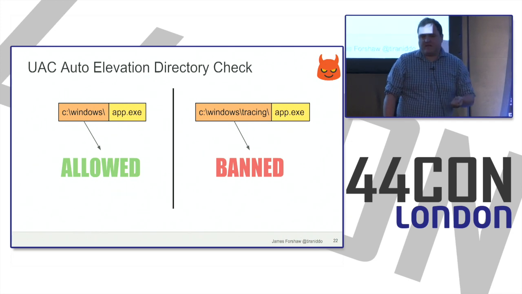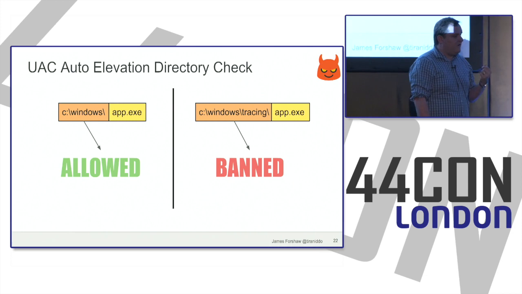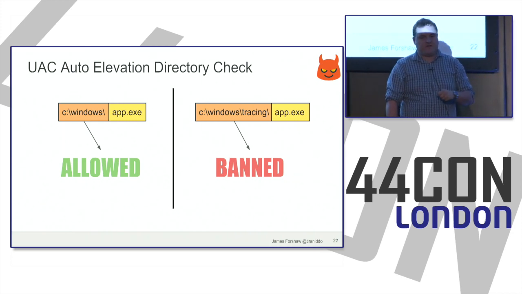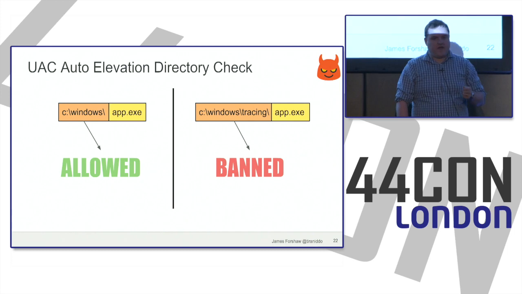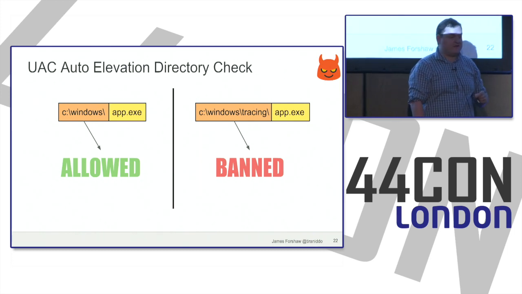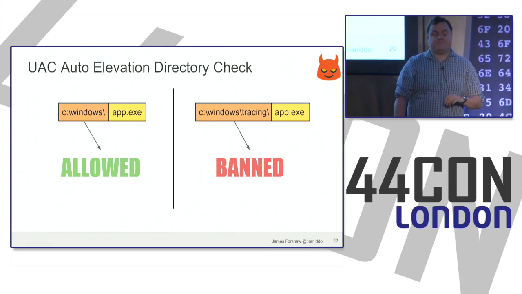But that's based on signing, based on a manifest condition. So obviously the developers wanted to make sure that you couldn't just run an arbitrary UI access application from anywhere, just sign it and it works. So whenever the system service responsible for instantiating this process does so, the file is required to be in a secure location.